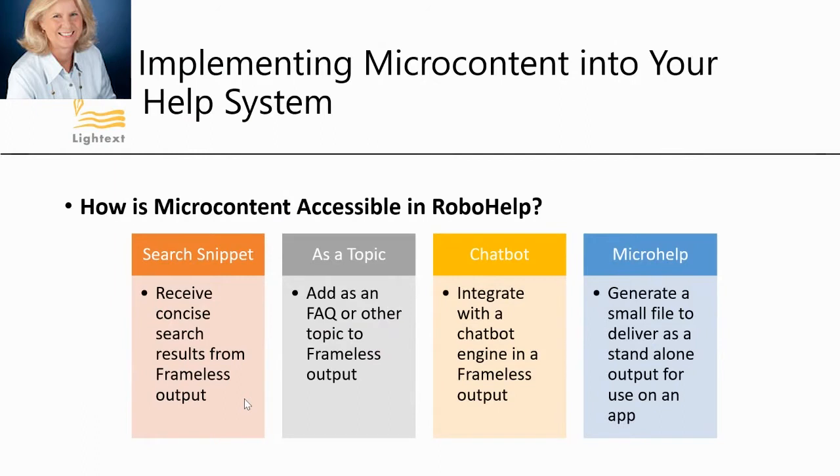So in your frameless output, you can add a little chatbot, and through the phrases and keywords that you identified, along with Google Dialogflow, which is the AI that's used with Microcontent, it will continue to learn and help answer questions for the end user in that way.